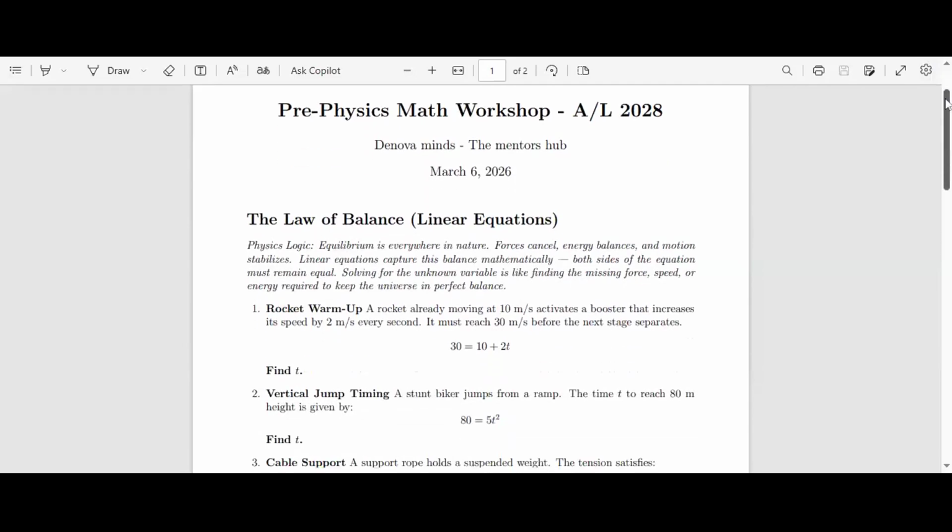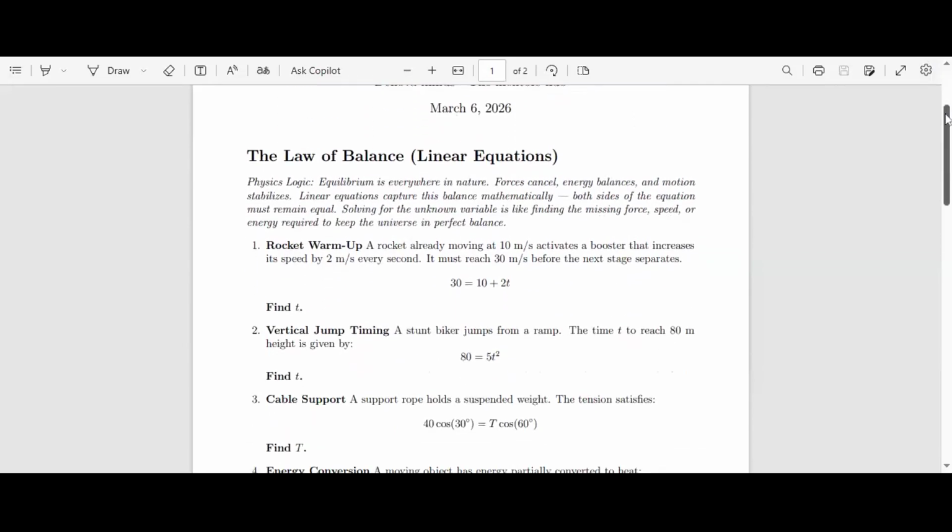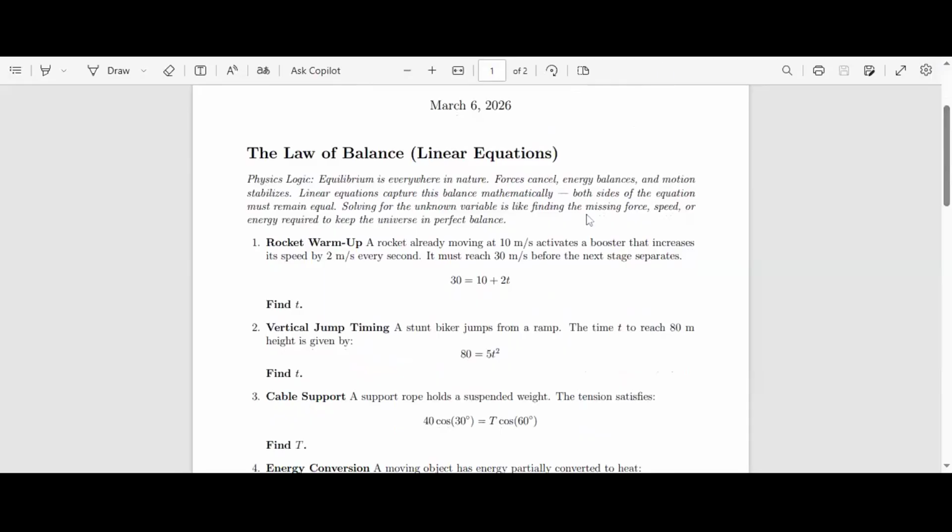When you deal with a problem like this, there's an equation that you have to apply, and that equation has been applied for you. So by applying that equation, we've got 30 equals 10 plus 2t, and you have to find t, the time taken. That t represents time.